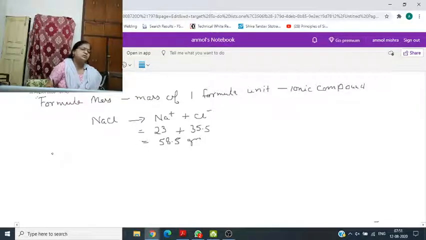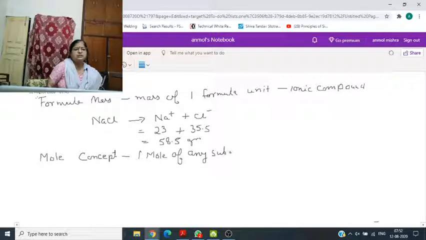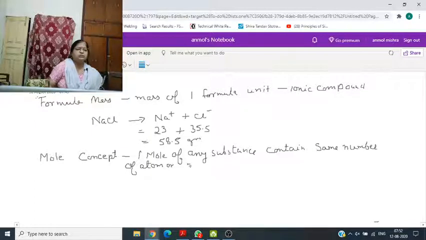Now comes the mole concept. 1 mole of any substance contains the same number of atoms or molecules or protons or neutrons.